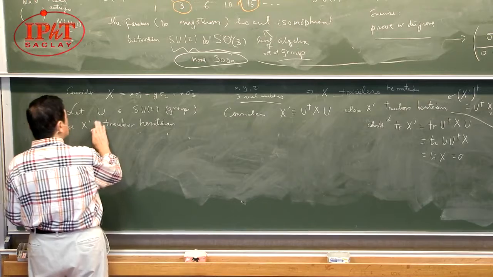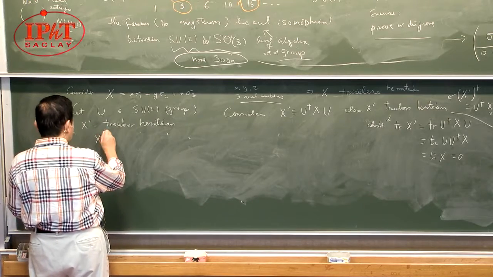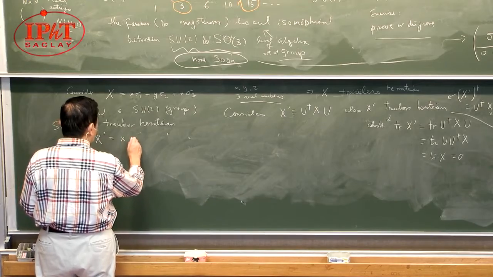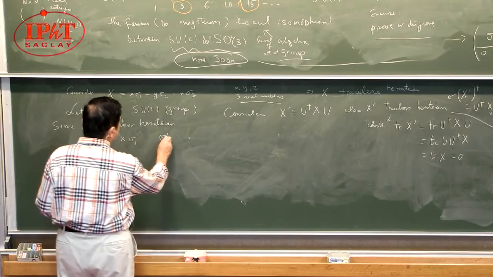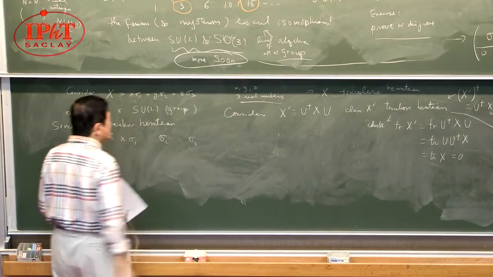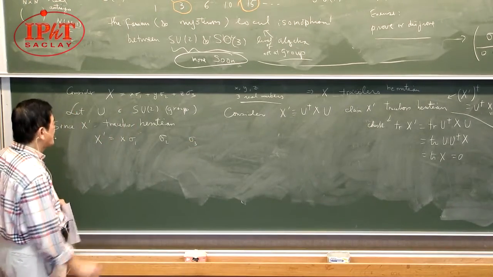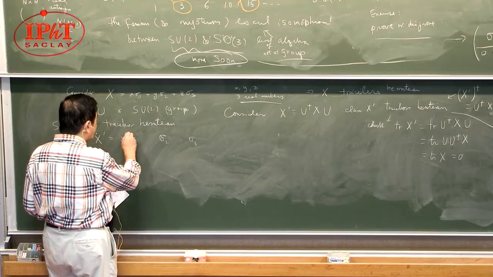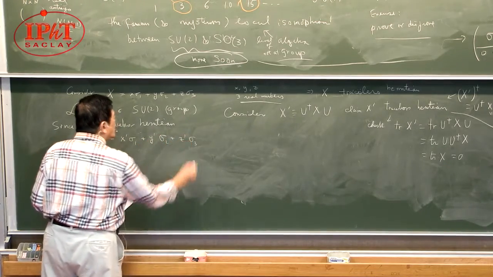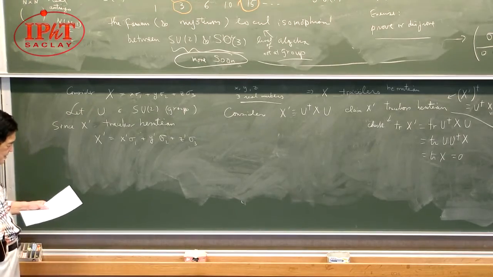it can also be written as a linear combination of the Pauli matrices, because we know that the Pauli matrices are the complete set of traceless Hermitian 2x2 matrices, with coefficients three real numbers x prime, y prime, and z prime.